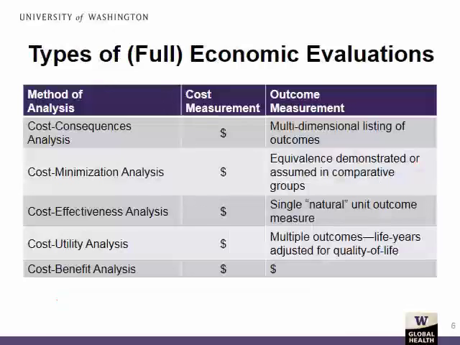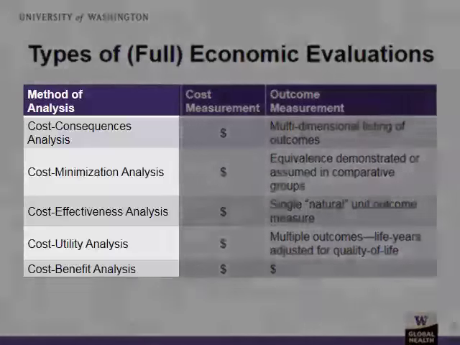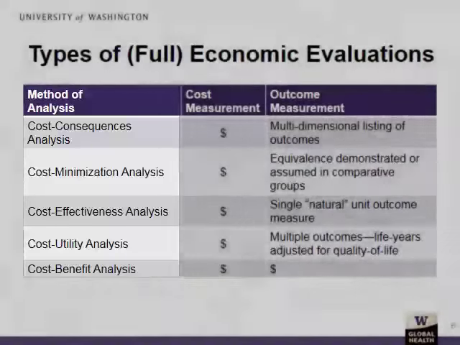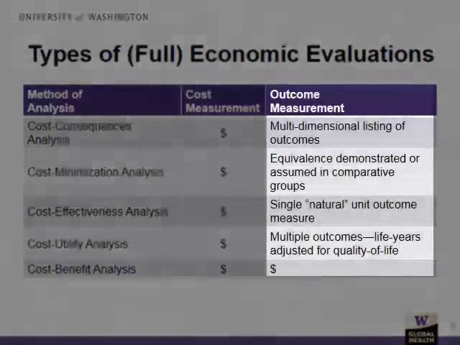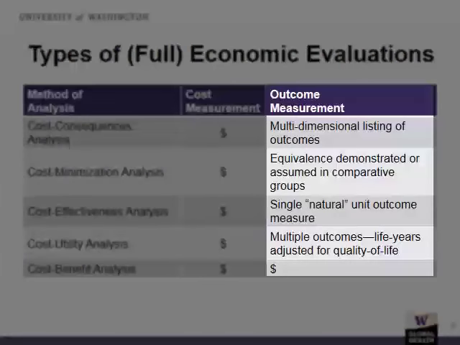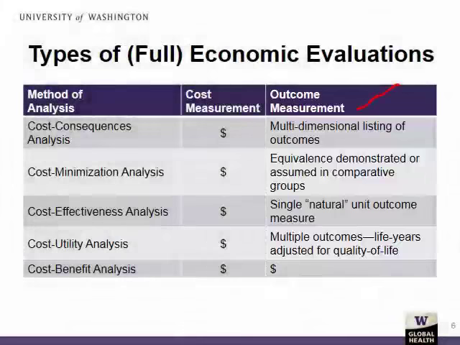And in this slide we have the 5 different types of full economic evaluations, and in the left hand column we have the method, in the middle column we have cost measurements, and in the final column we have the description of the outcome. And the description of the outcome right here is what sets the methods apart. The cost side is uniform across methods.